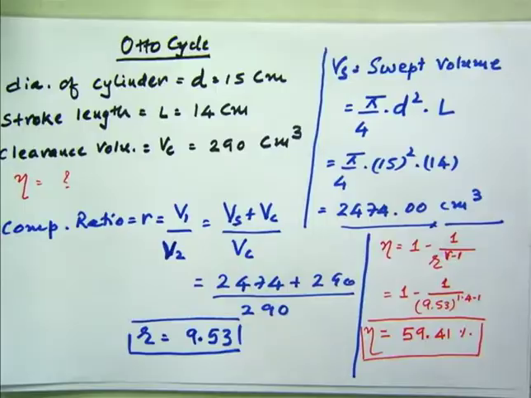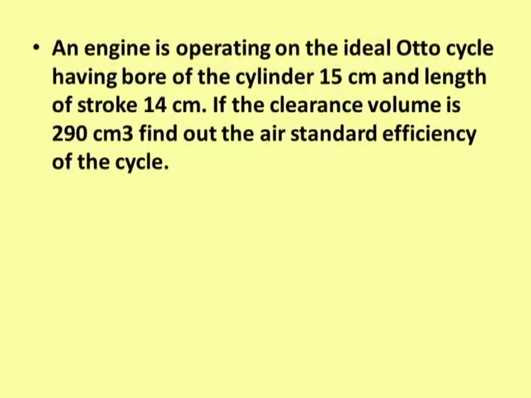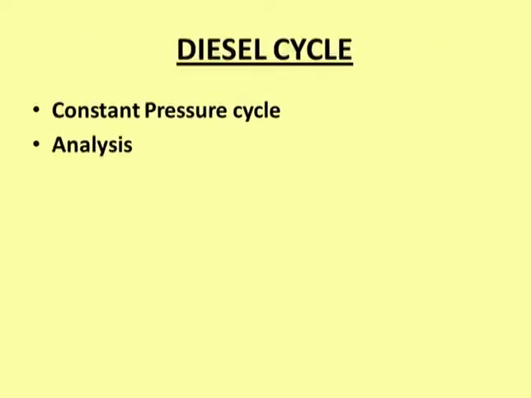So friends, we have seen two small exercises based on the Otto cycle theory. We learned the Otto cycle theory. We understood what the Otto cycle is by solving the two exercises. Now we are moving further to our next cycle, that is the diesel cycle.